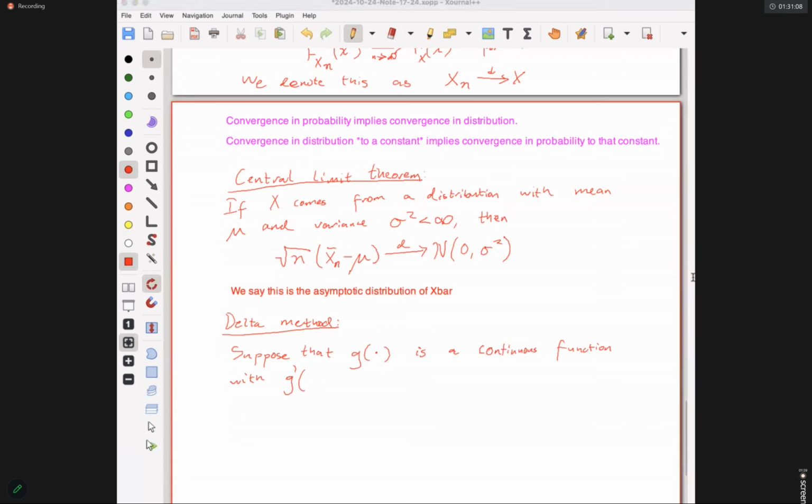So, all right, this is G prime at mu is equal to anything besides 0 as our setup for this.